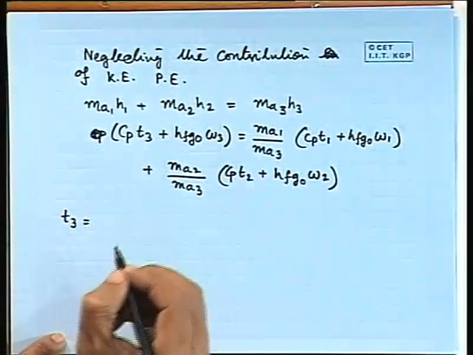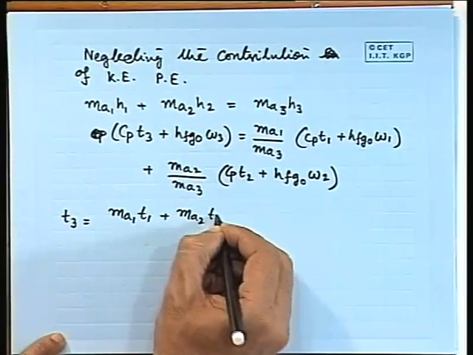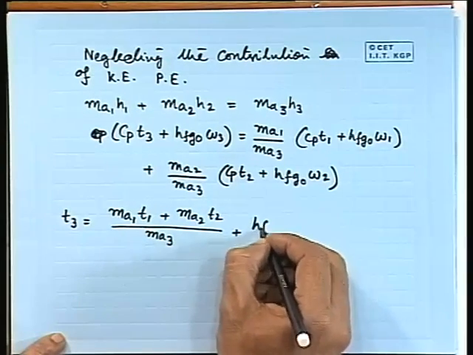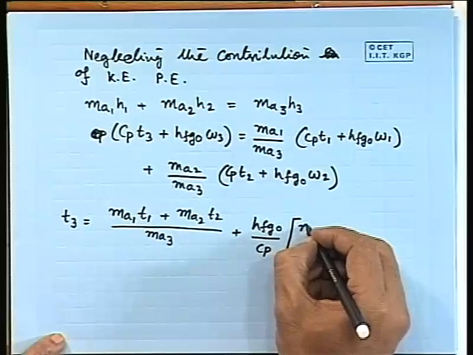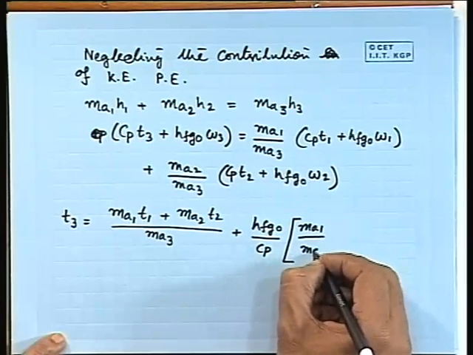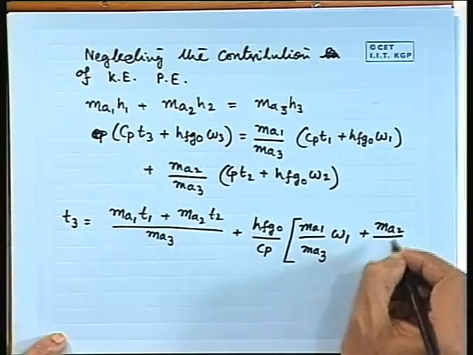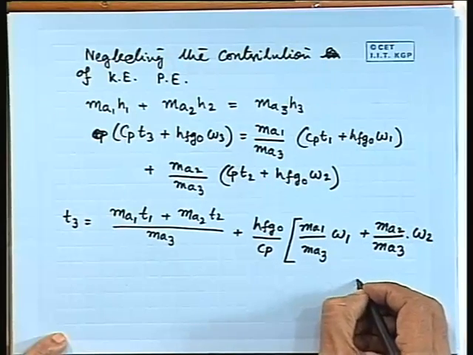Now, if we want to make it a little bit simplified: (mA1 T1 plus mA2 T2) divided by mA3, plus hfg0 by Cp times (mA1 by mA3 W1 plus mA2 by mA3 W2 minus W3).